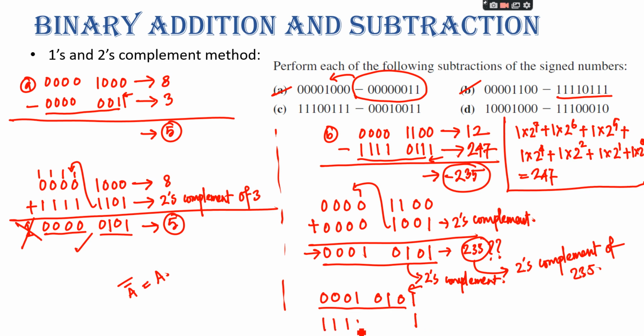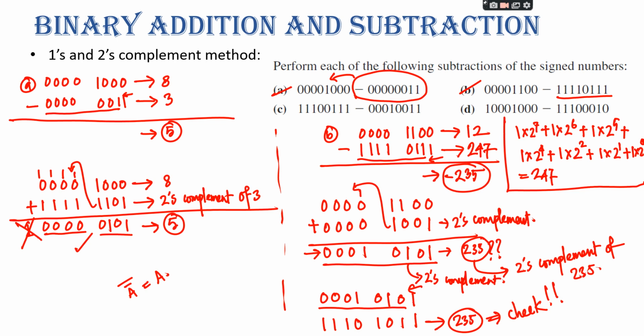So 1 1 1 0, and then 1 0 1. This should give you 235. Check. Yes, sir. 235.